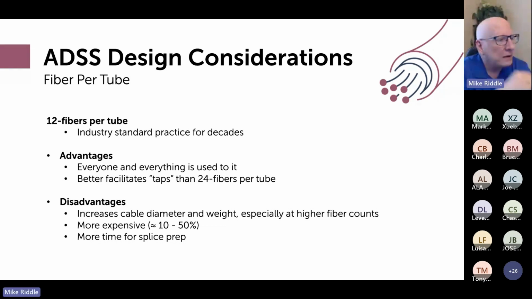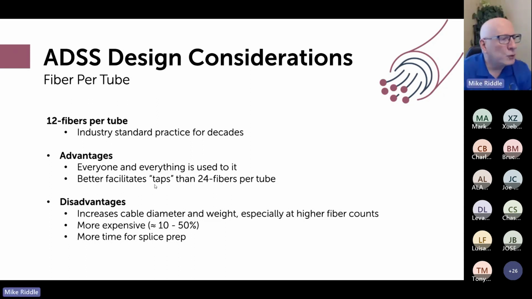So if you want to try to make the cable smaller, what you can do is go to 24 fibers per tube. But because this had been such an industry standard, everybody and everyone and everything is used to it. Your splice trays and whatnot coordinate well with 12 fibers.